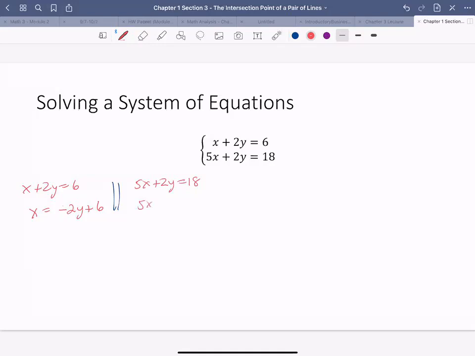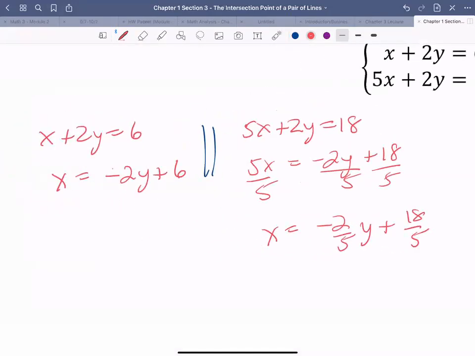So I'm going to say 5x equal to negative 2y plus 18. Then I'm going to divide everything by 5. And I get x equal to negative 2/5 y, sorry, 2/5 y plus 18 over 5. Next, you would do exactly what we did before. You would set this equal to this, and then you would solve.